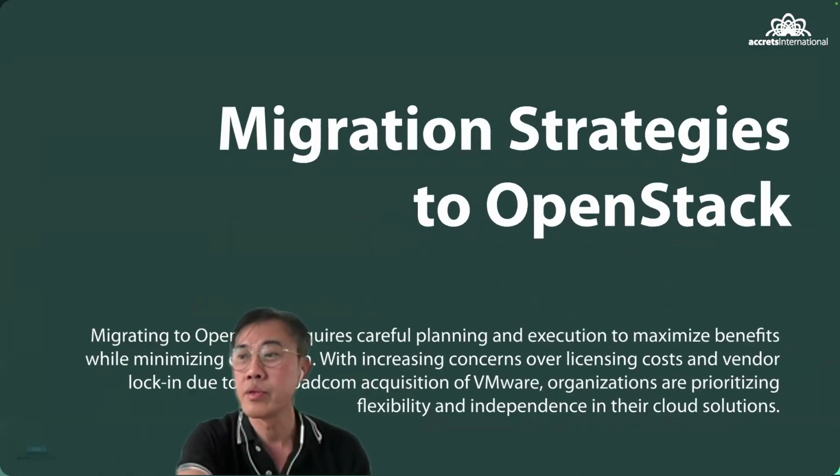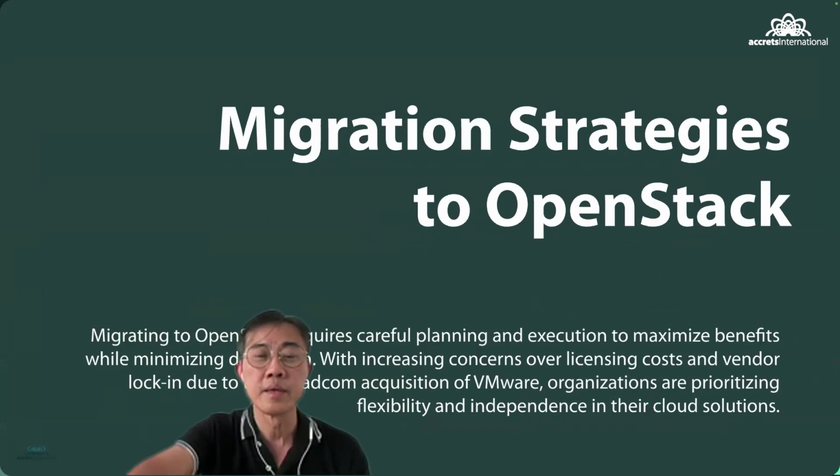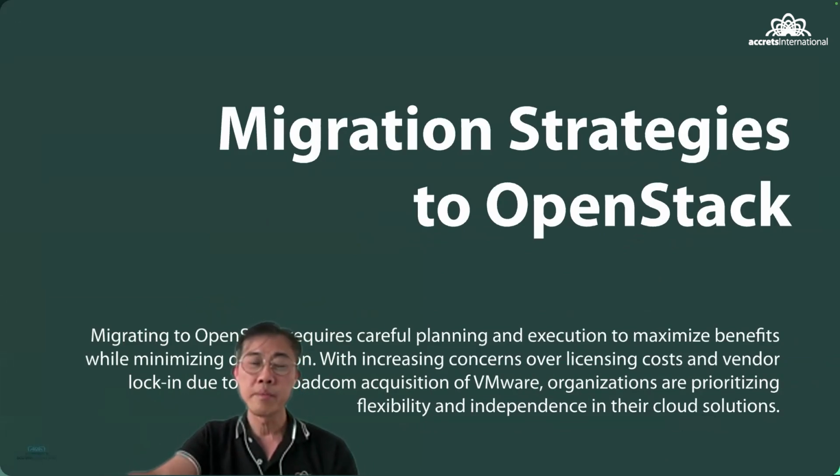Some strategies, migration to OpenStack. There were some customers who told me that, oh, I have in-house almost 200 applications. I would like to migrate to the public cloud. I told them, don't try, you'll never finish migrating 200 applications to the public cloud.